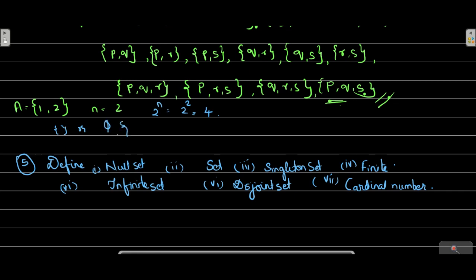Then the set itself, that is {1, 2}. Then we write the individual elements, 1 and 2. Pairs are already listed, because we have only 2 elements. So totally how many did we get? 4: 1, 2, 3 and 4. So this is the way we find the subsets of any set.